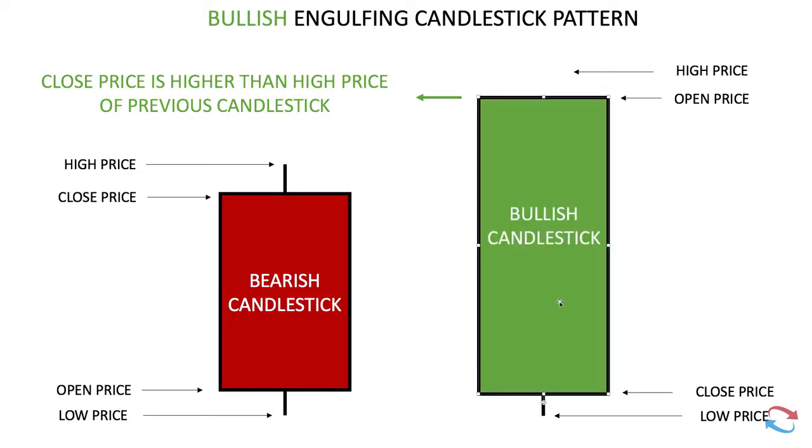The higher the better. So the more demand you see and the bigger the engulfing candle on the right hand side, the better, right? If you think about the story, what this is showing you is that the sellers and supply were coming into the market, but then something happened within this time period where buyers and demand increased so much that prices closed above the high price of the previous candle.